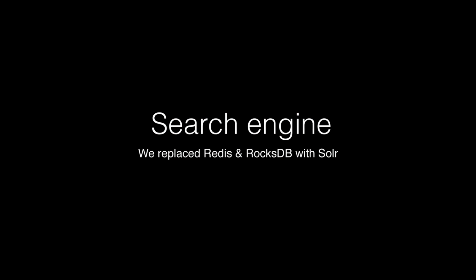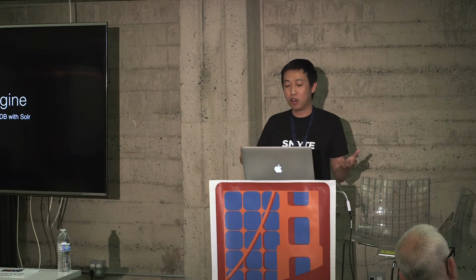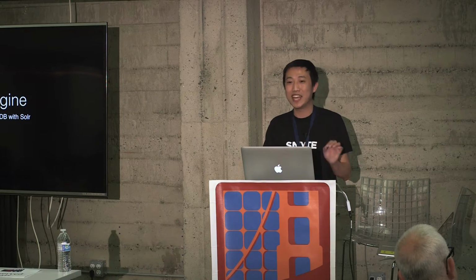Another idea is that if we replace RocksDB or Redis in this schema and use Solr as the underlying storage, all of a sudden we can use Solr and Kafka together to build our own search engine using exactly the same idea. So that all sounds very nice, but there are a few problems that we encountered along the way.